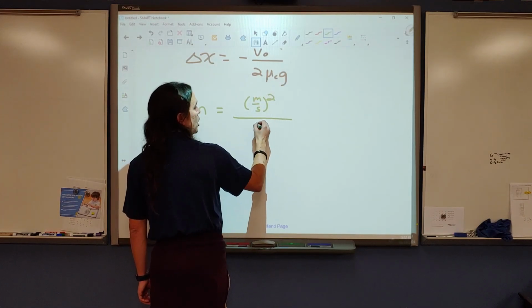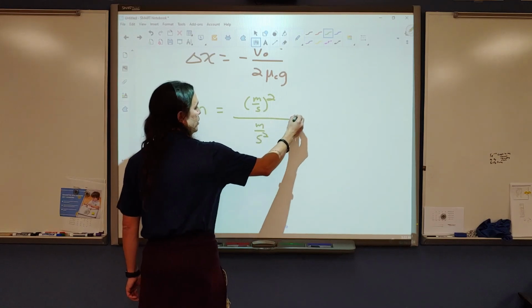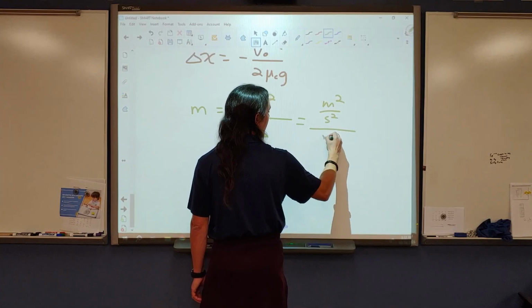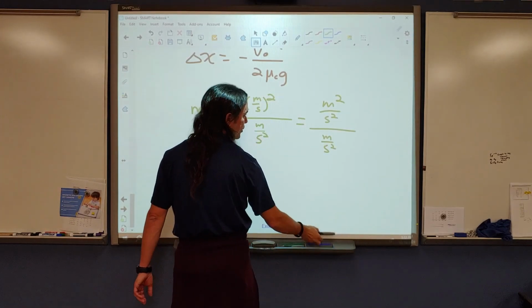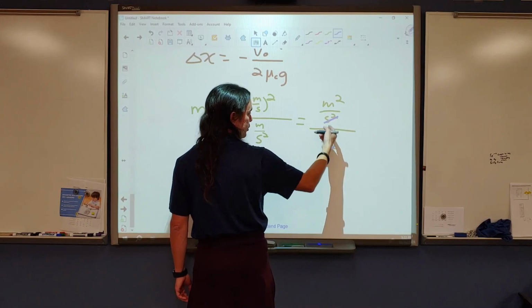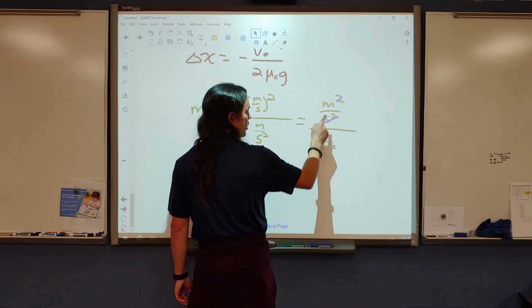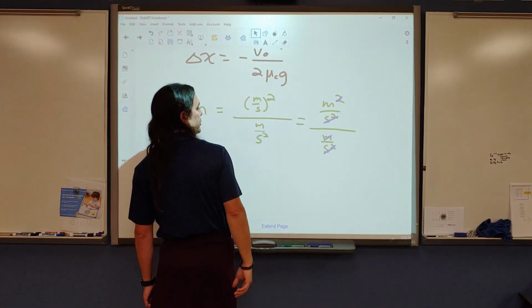So the only units on bottom come from g, which is meters per second squared. If I were to rewrite this, I would end up with meters squared per second squared divided by meters per second squared. The divided by second squared on both top and bottom cancel out, and one of the meters cancels out, and we are left with all of this mess has the equivalent units of just meters.